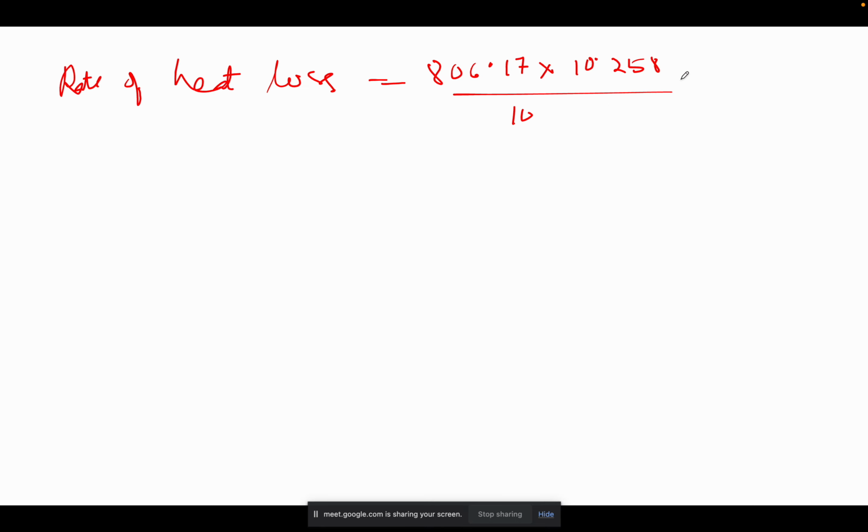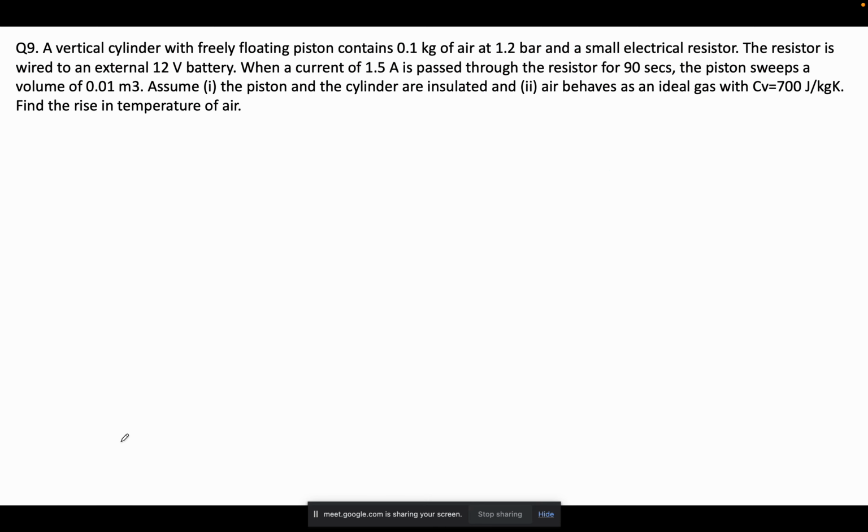So you will get the result in kilojoule per hour. What will be your answer? 826.96 kilojoule per hour. Okay, fine. Let us go to the next question then.